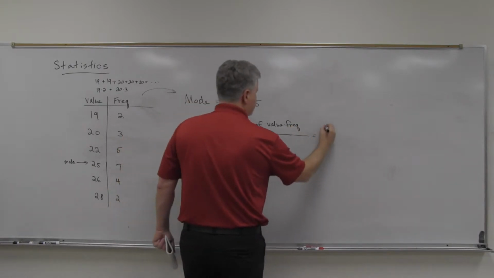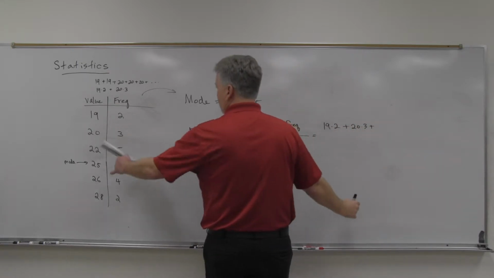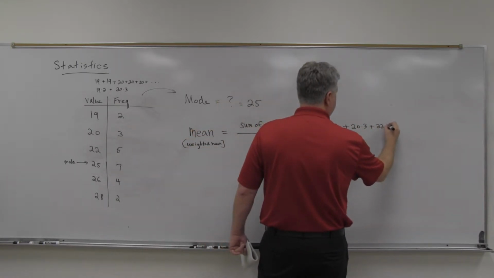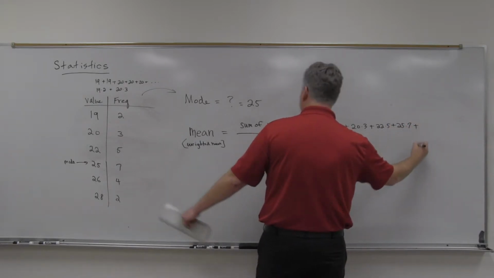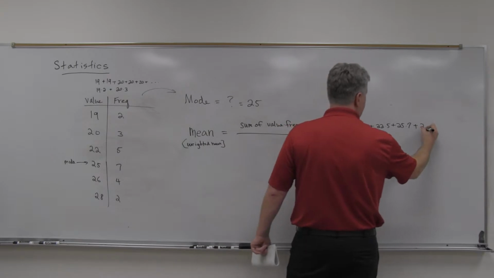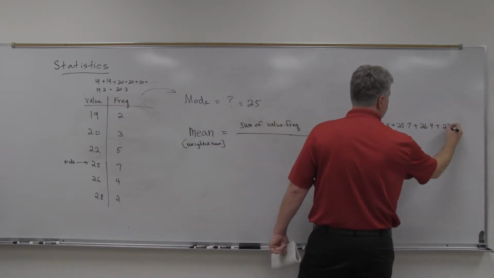For the top, 19 times 2, 20 times 3, 22 times 5. Much more efficient way of doing it here. 25 times 7, 26 times 4, 28 times 2.